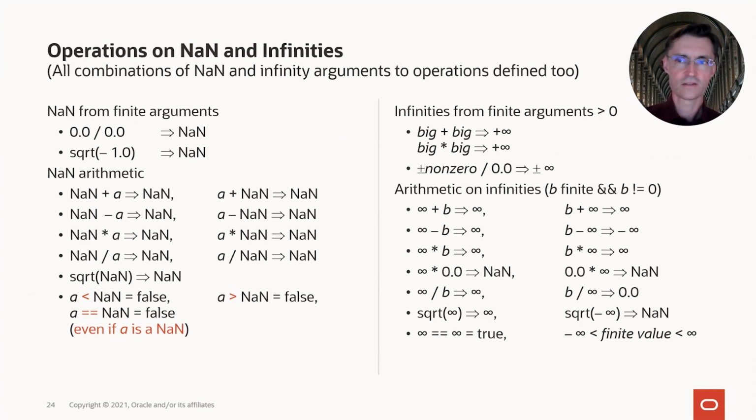NaNs can be a little surprising when you first see them. The most surprising thing about NaN is that a NaN is neither less than, greater than, nor equal to any value, including itself. This is very surprising, but it is a conscious design of the IEEE standard. These are the IEEE standard rules for special value arithmetic, and these rules are also used by the Java platform for those cases.